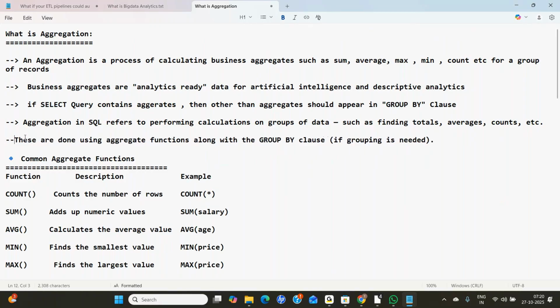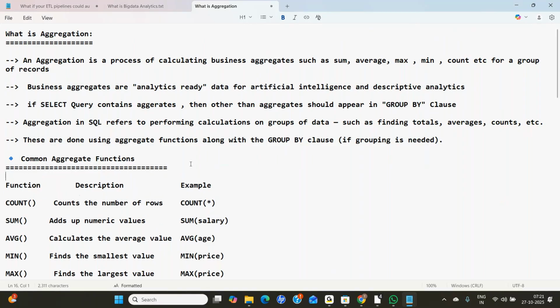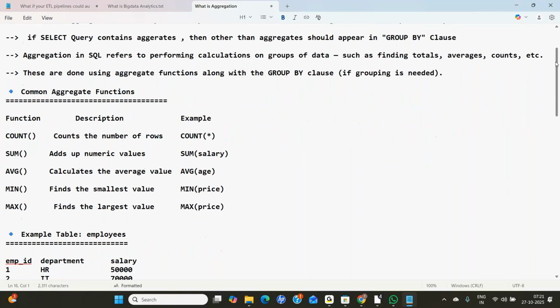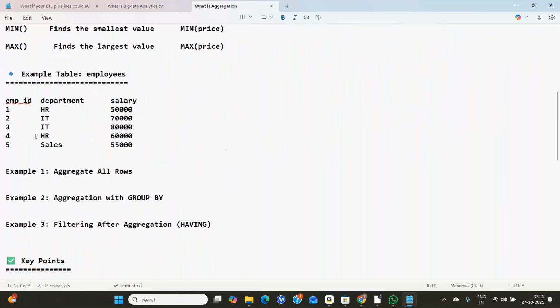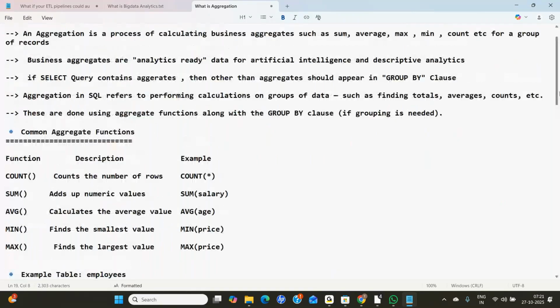How can you calculate business aggregates? Aggregates are calculated using aggregate functions along with the group by clause if grouping is needed. What are the common aggregate functions we have?